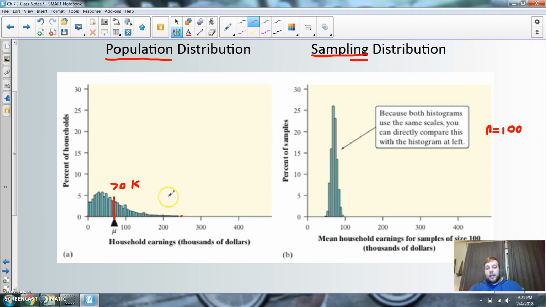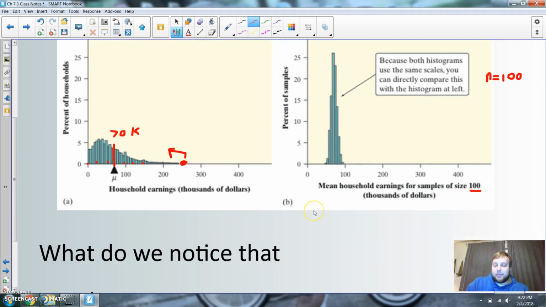I could not get a value way up here. It would be almost impossible, because as soon as I start mixing in one person, another person, another person, and I find averages, this high number is going to be averaged out and be lower anyways. So the average of all my 100 people is going to be right around here. That's the sampling curve.